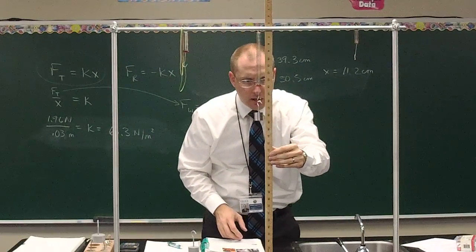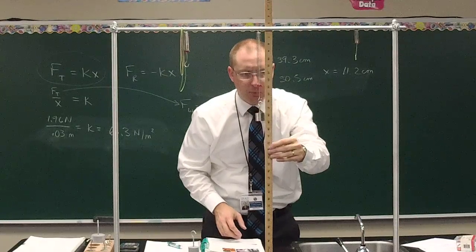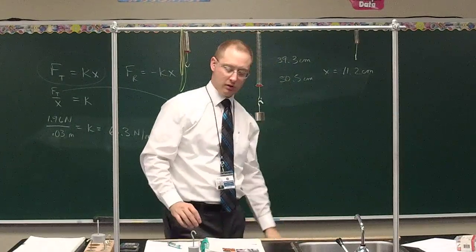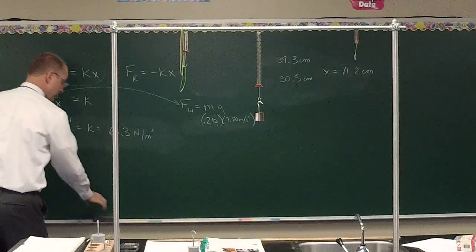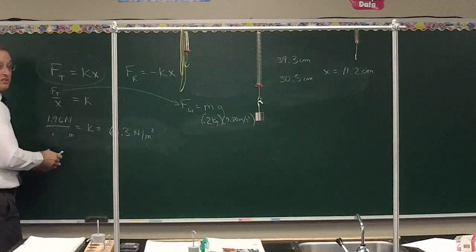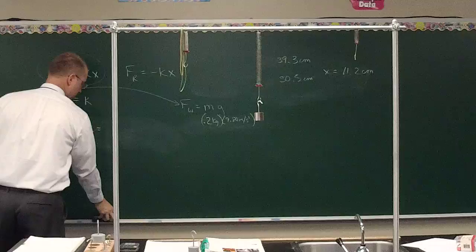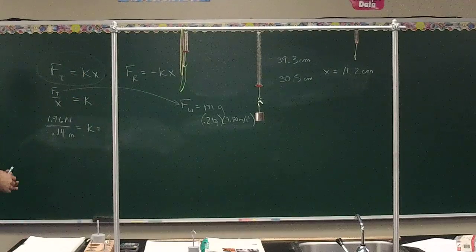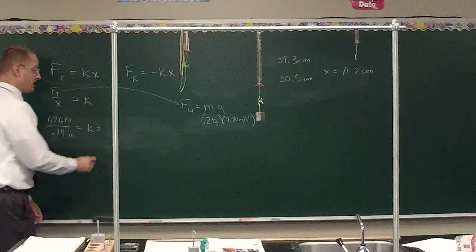And let's say we're now at 35.5. 14 centimeter stretch. All right, so 0.14 meters, and it's the same mass. What's the spring constant for the medium spring? 14 exactly. Wow.